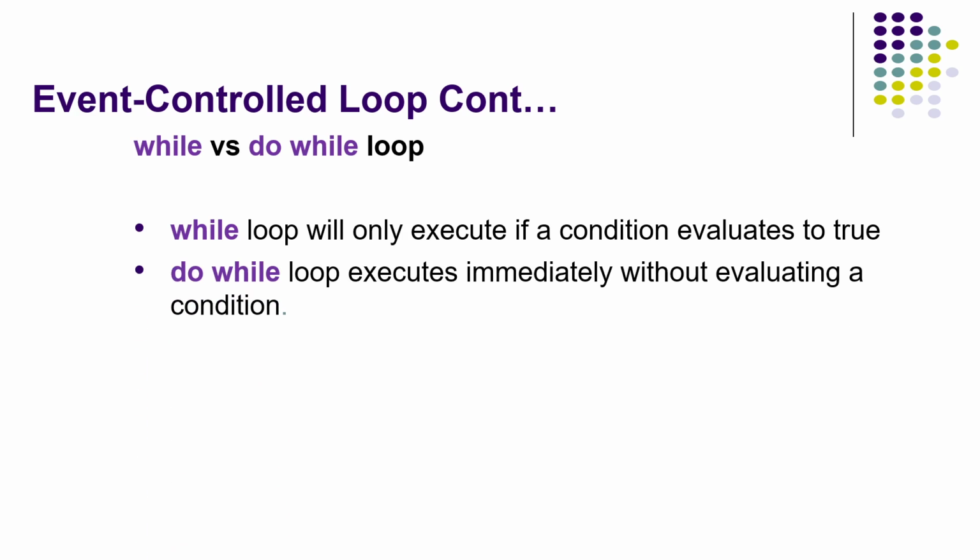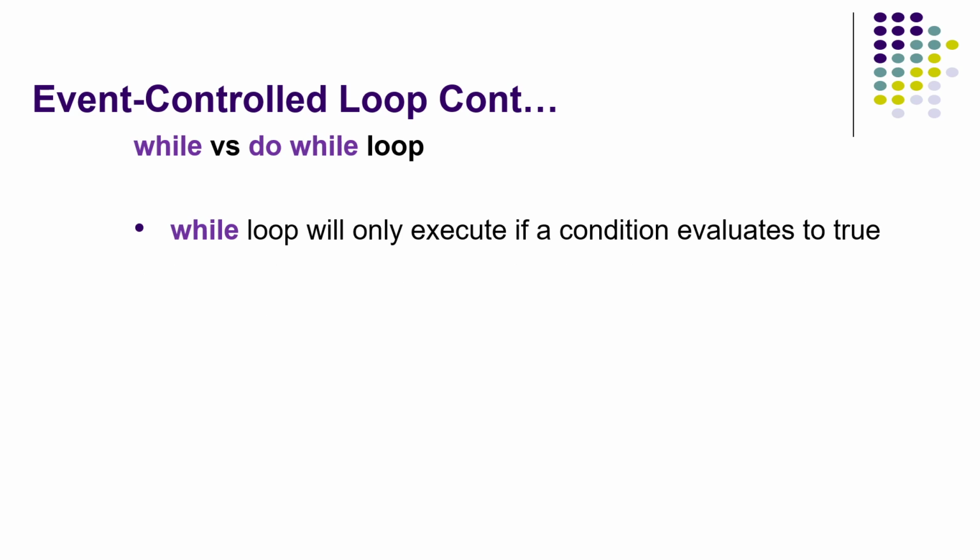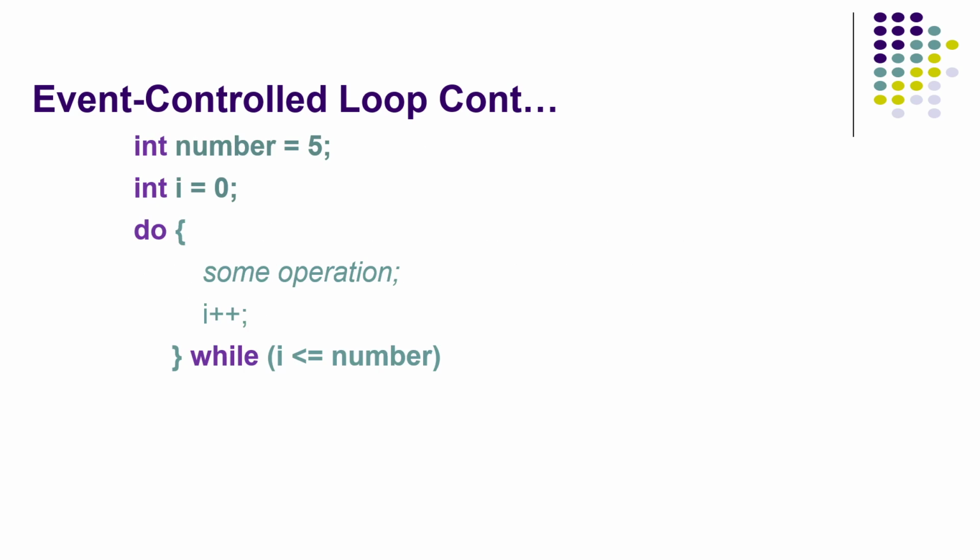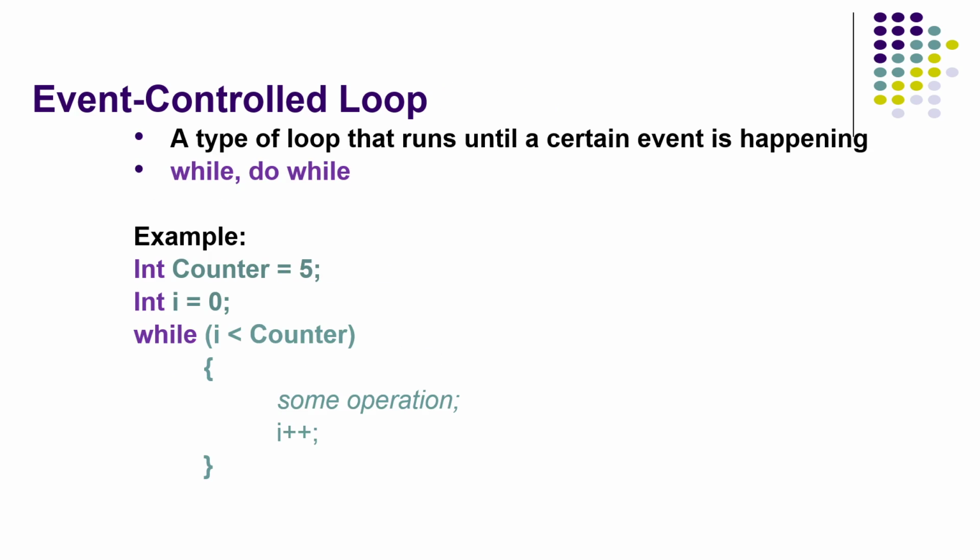A do while loop executes immediately without evaluating the condition. If we go back to our slides and look at a while loop, it says while this condition is true, while the I is less than or equal to the counter, we're going to do this.